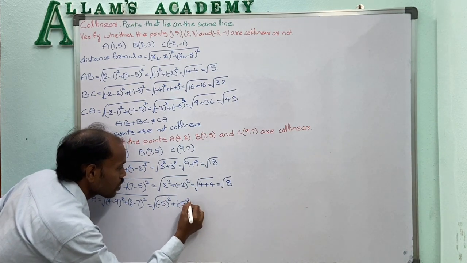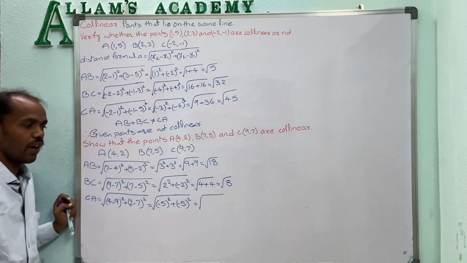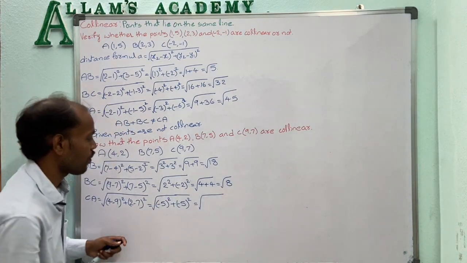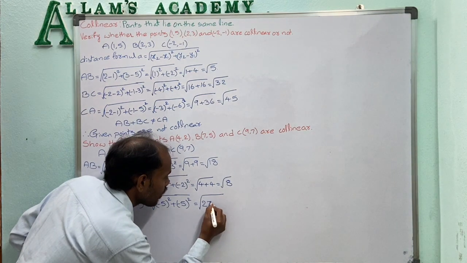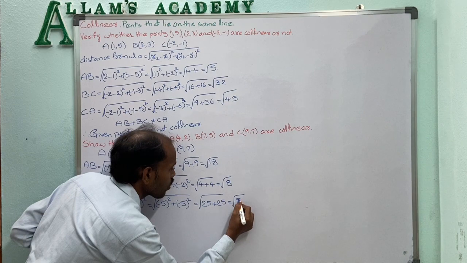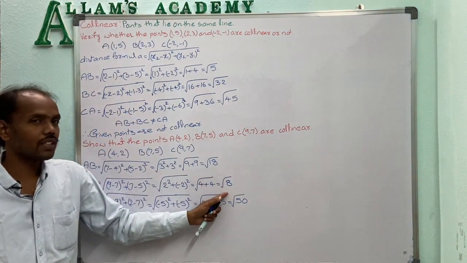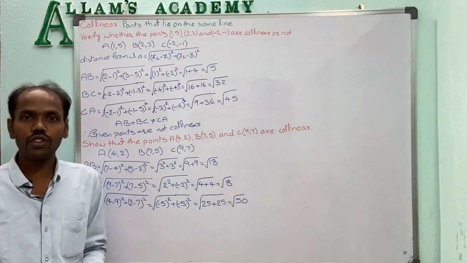So under root (minus 5) whole square plus (minus 5) whole square. Minus 5 whole square is 25. That means under root 25 plus 25, which equals root 50. Now if we observe, root 18 plus root 8 is not equal to root 50.